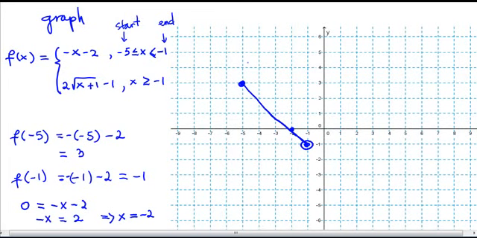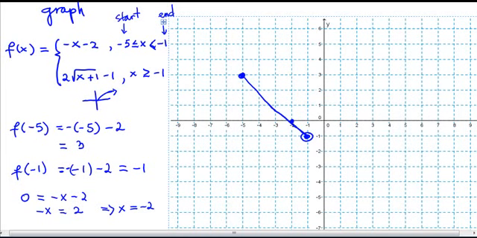Now for the graph of part 2, this graph looks like the square root function, and the square root function from our previous notes looked like this shape. Okay, generally our graph looks like this shape. So our graph starts at -1.